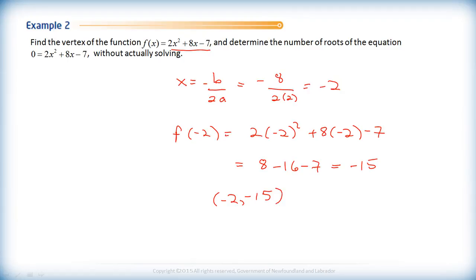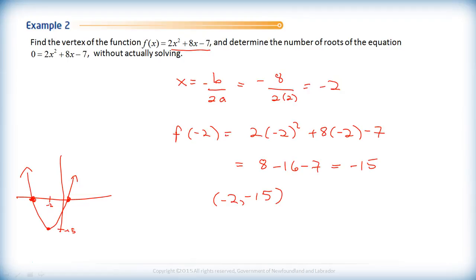And if I'm not mistaken, this graph is going to open upward. Okay, so negative 2, negative 15. This is very rough, of course, but that's all we need to get an idea. And the graph is going to open upward. So we're going to have 2 different places where we hit the x-axis.